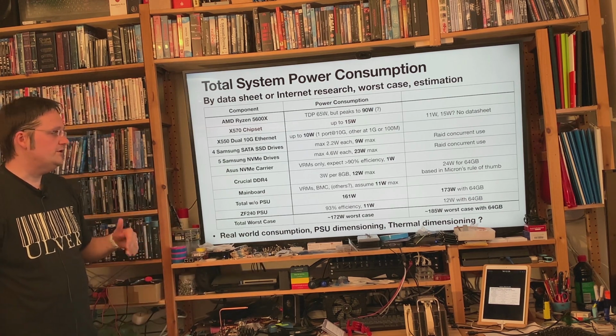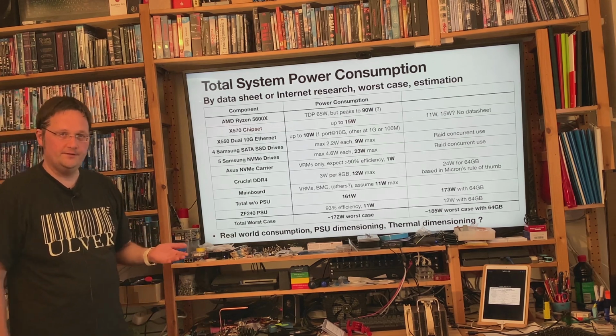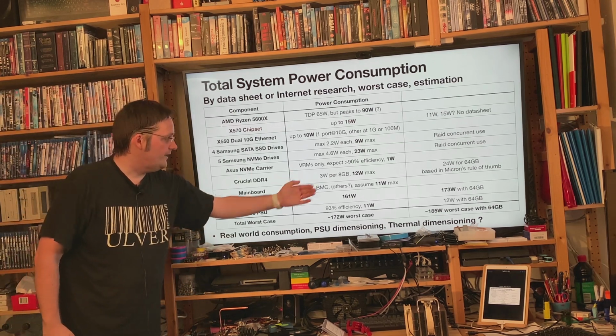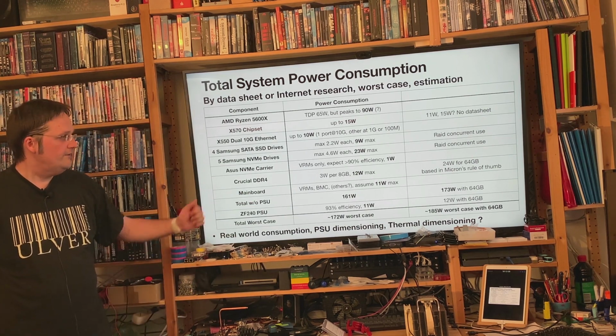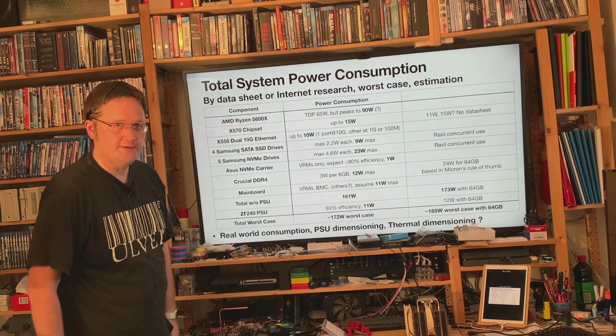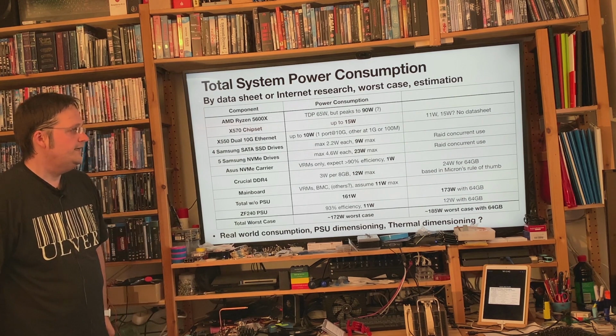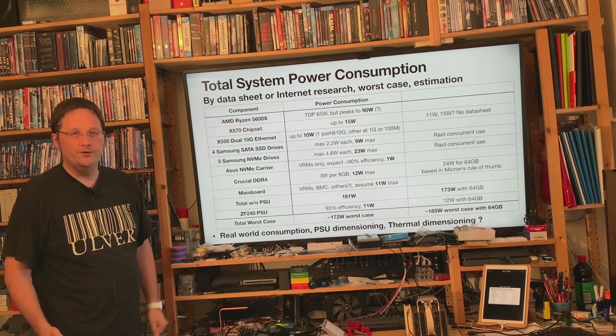Instead they give an indication, saying do a rough estimation of 3 watts per 8 gigabytes in the system. So if we are running with 32 gigabytes, the memory will be 12 watts maximum. If we are going with 64 gigabytes, then it will be 24 watts for the worst case consumption. In the end I decided to go with 64 gigabytes, so the 24 watts will be the number for our system.